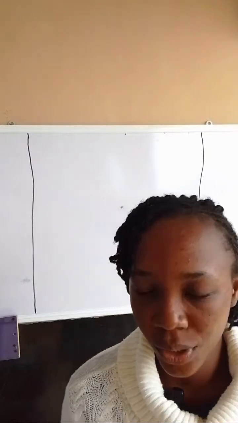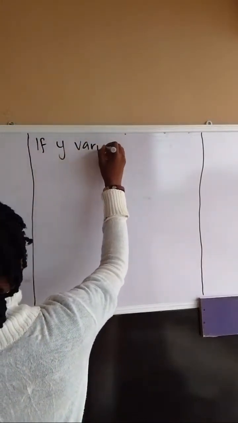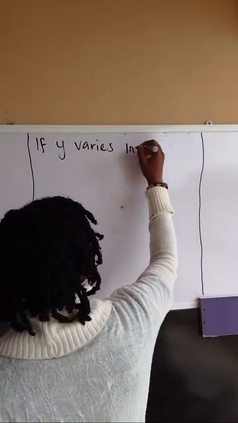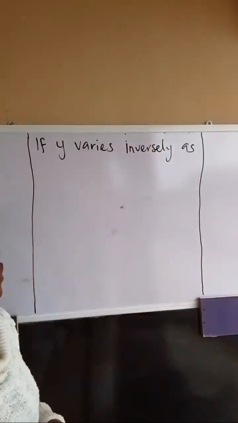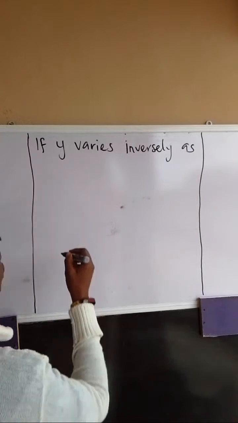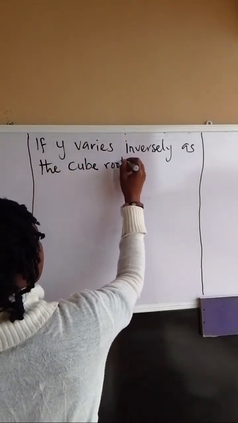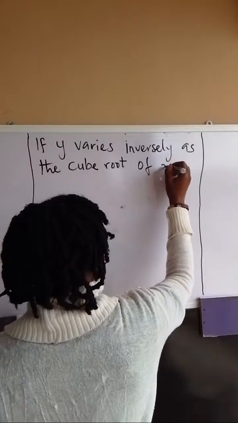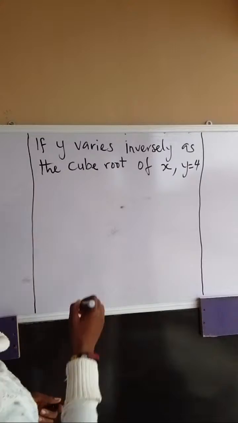So the first question we'll be looking at: if y varies inversely as the cube root of x, y is 4 when x is 27.